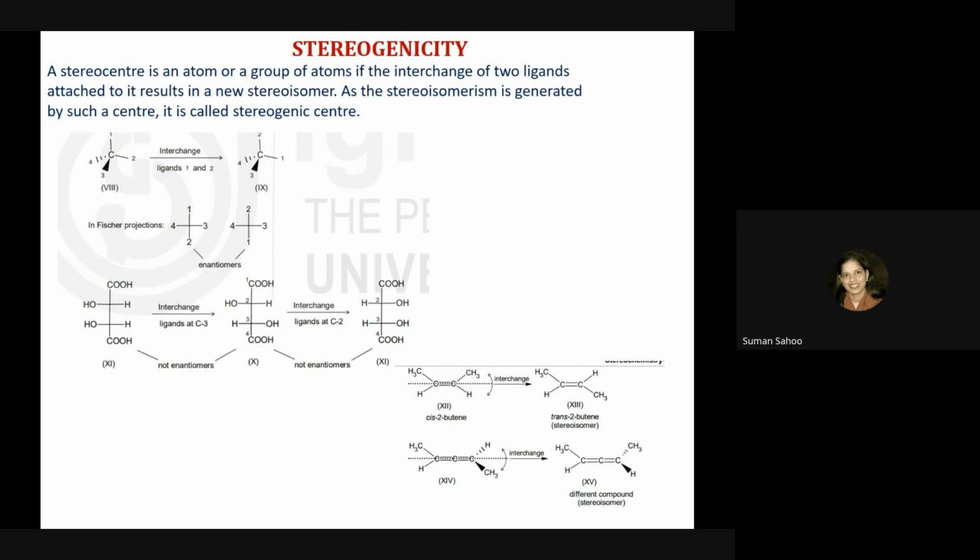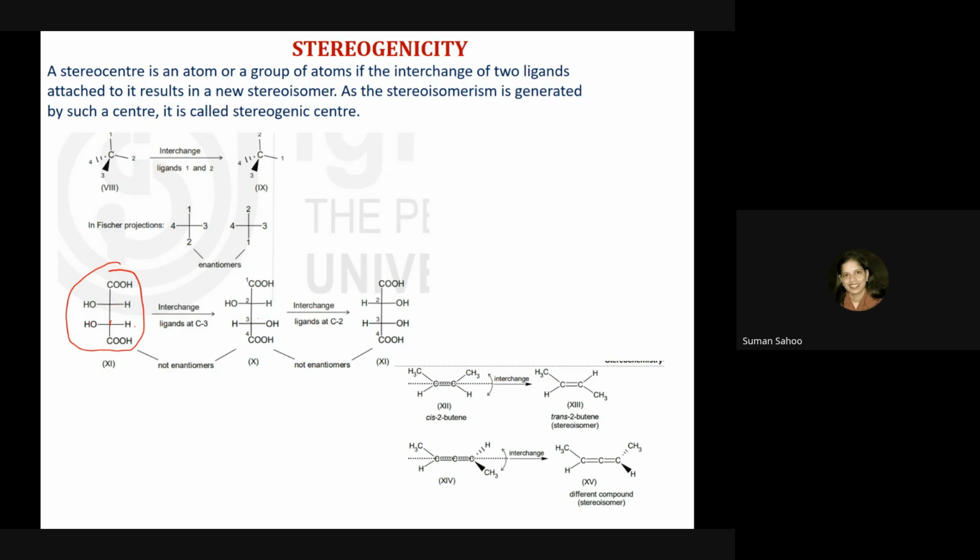So for example, in this case, we would just see whether that is a stereogenic center or not. We are interchanging ligands for this compound, that is our mesotartaric acid. If we interchange the ligands at C3, that means OH will come to the right hand side and hydrogen will go to the left hand side, then that gives us another molecule, and these two are not enantiomers because this is not the mirror image of that one.